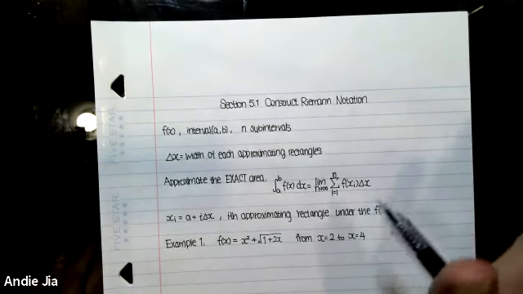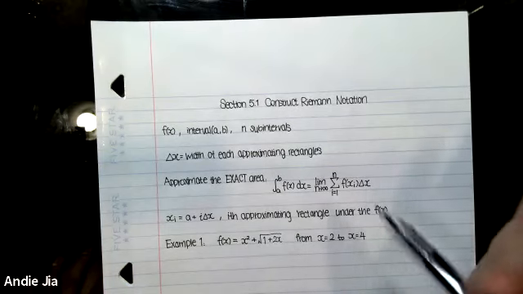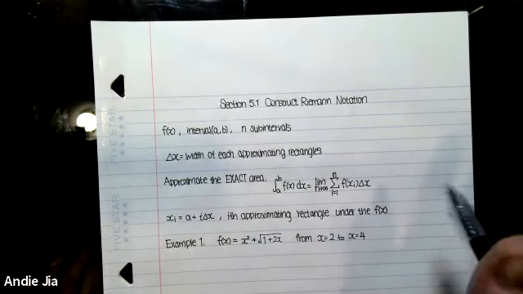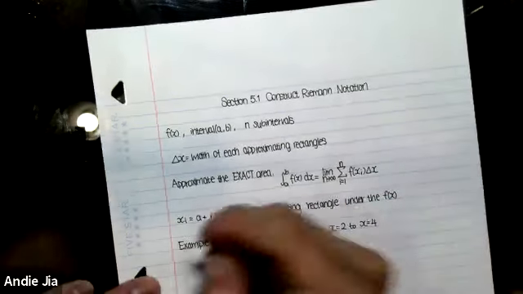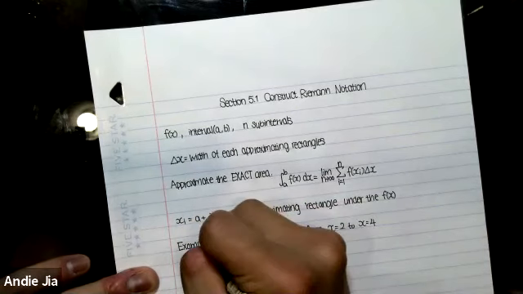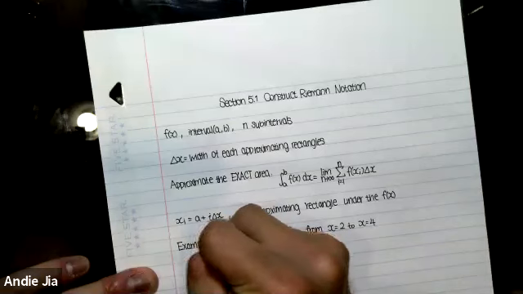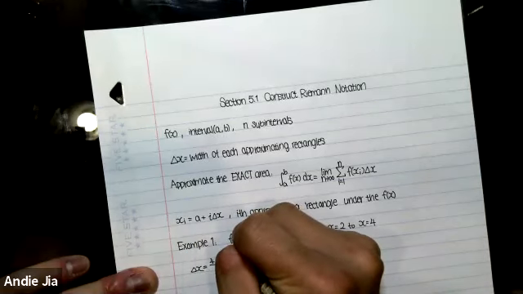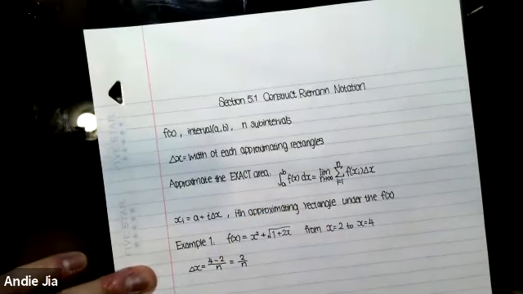We are not given how many subintervals we have. So the width, delta x, is 4 minus 2 over n, which is 2 over n. It is the width.